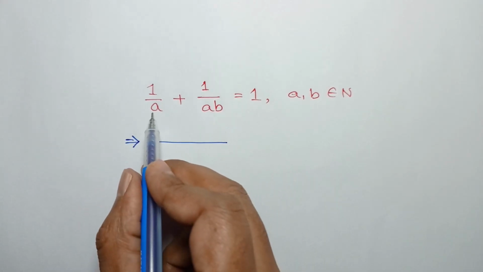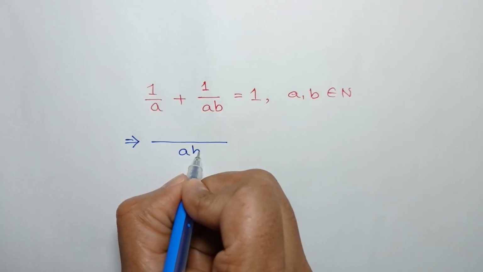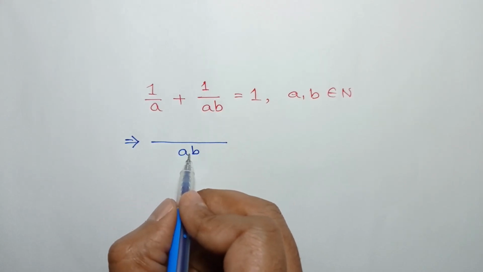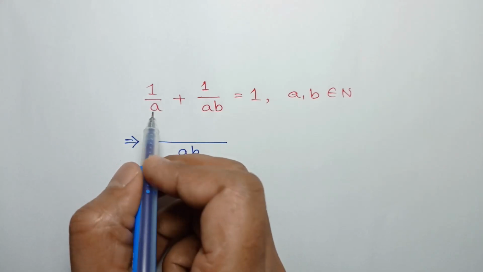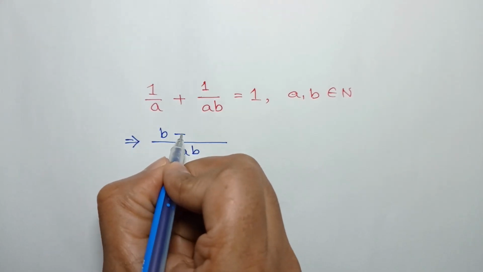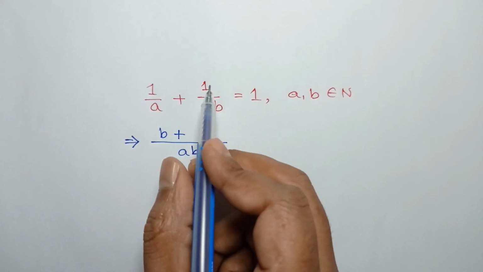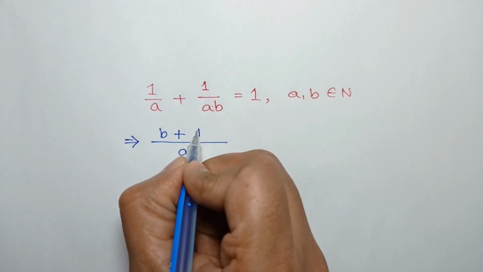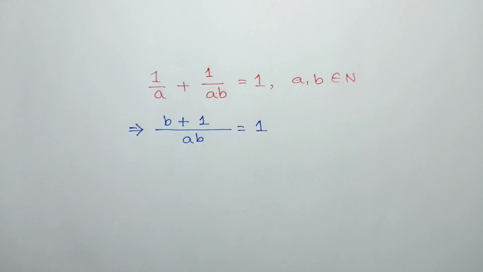The LCM of a and ab is ab. ab divided by a is b, and b times 1 is b, plus ab divided by ab is 1, and 1 times 1 is 1, is equal to 1.